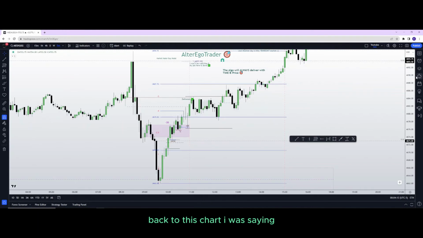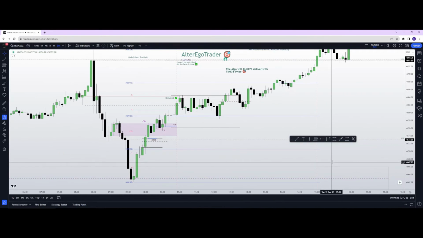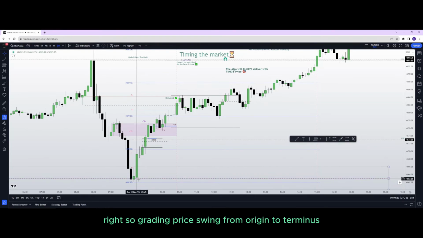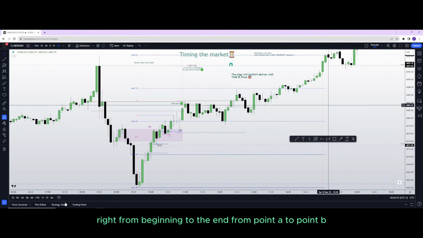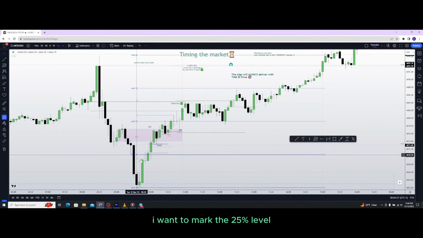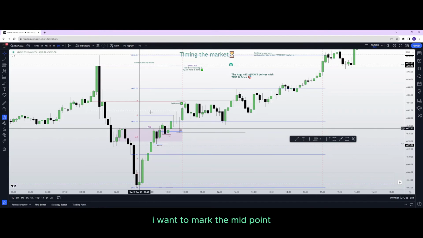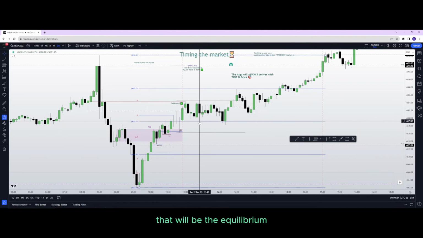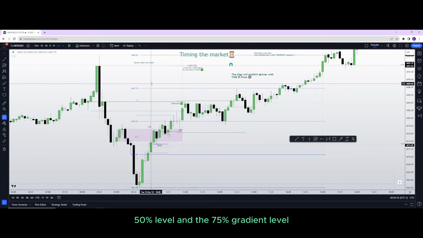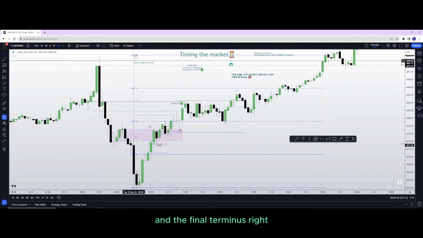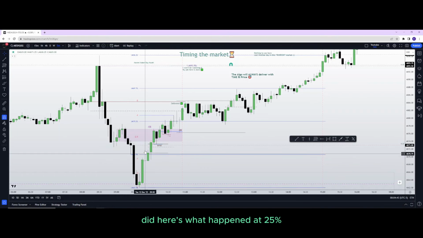I was saying, grading a price swing from origin to terminus, from beginning to end, from point A to point B. I want to mark the 25% level, that's a quarter gradient. I want to mark the midpoint, the equilibrium 50% level, and the 75% gradient level, and the final terminus.